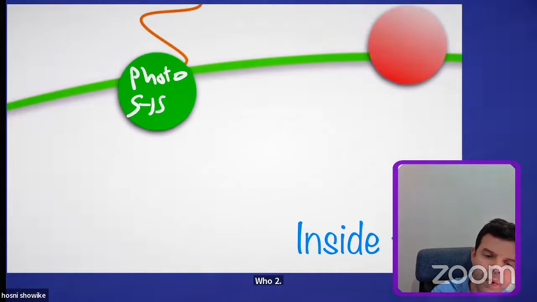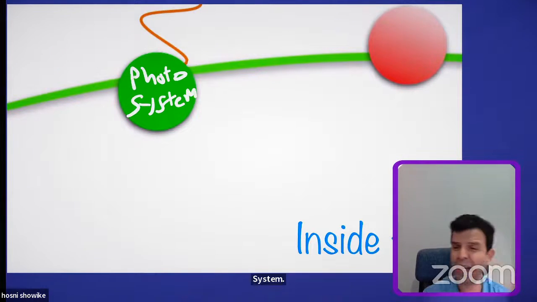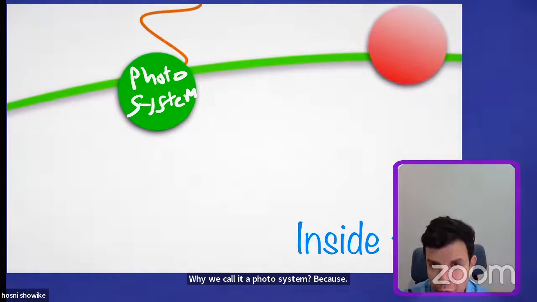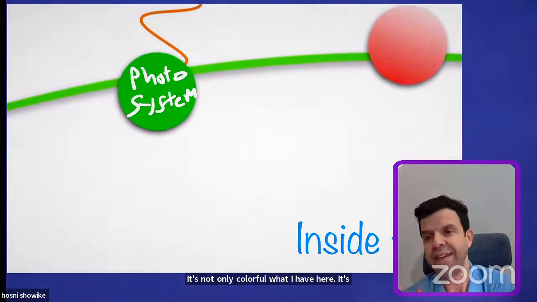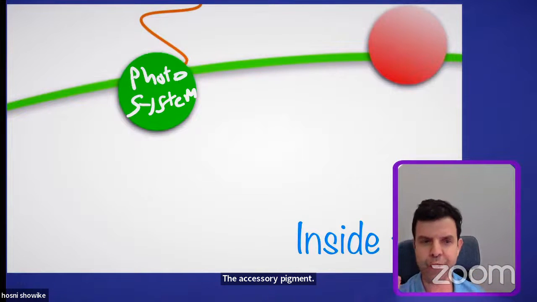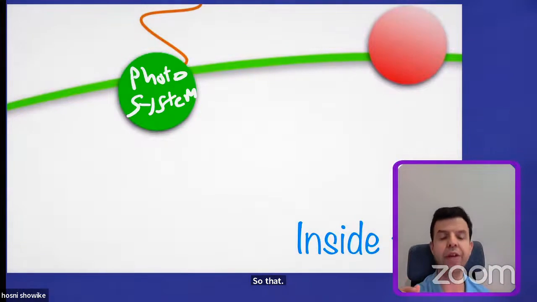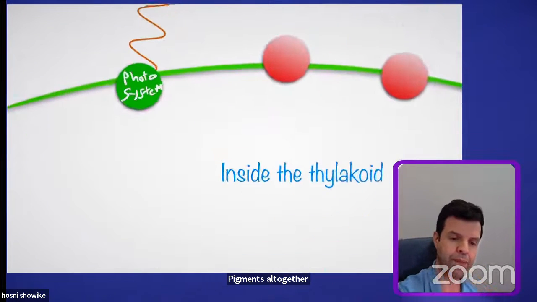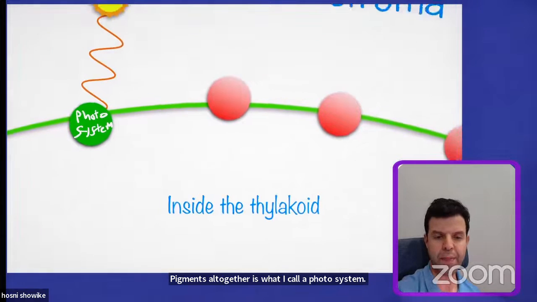Why do we call it a photosystem? Because it's not only chlorophyll that I have here, it's chlorophyll with the accessory pigment. So that bunch of different pigments all together is what I call a photosystem. Okay? So what's going to happen now?